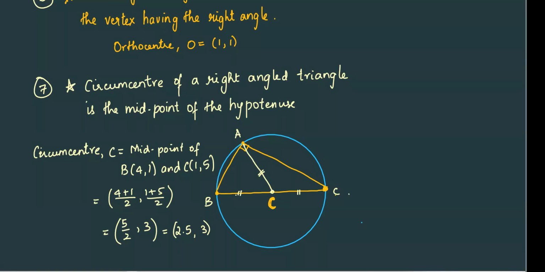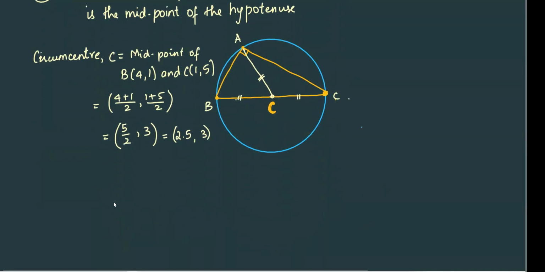Now the last problem, area of the triangle. Of course, we can do by that formula. Area of the triangle: A is 1, 1. Then coordinates of B is 4, 1. Coordinates of C is 1, 5. Coordinates of A again. And then use the cross multiplication and sum.